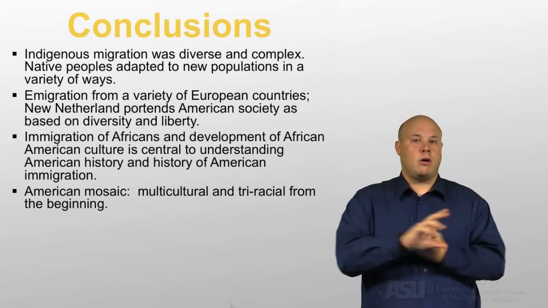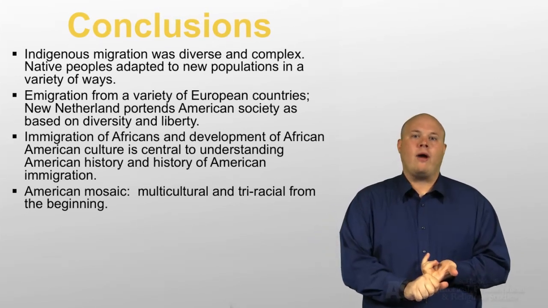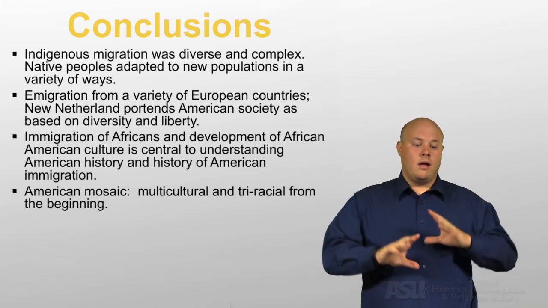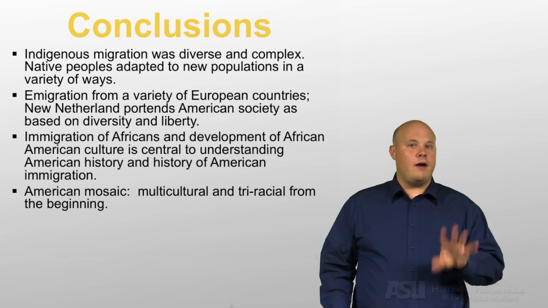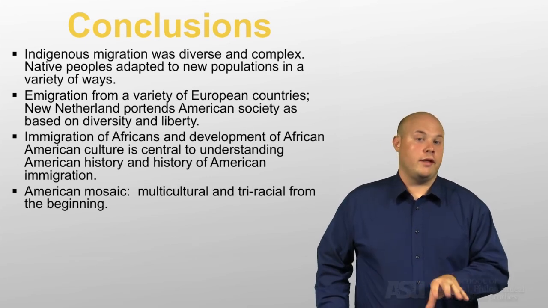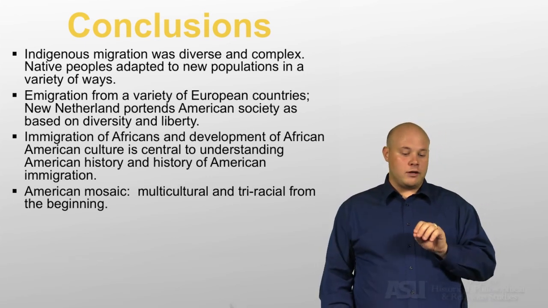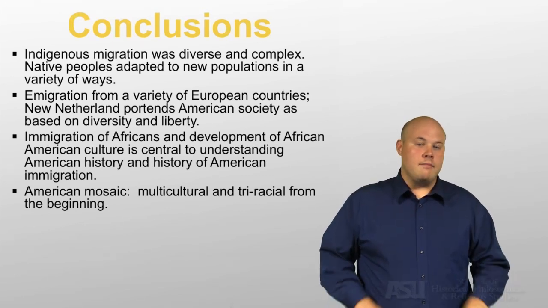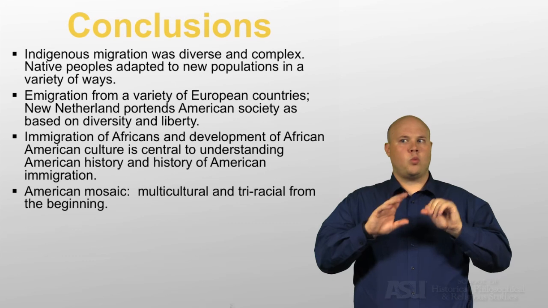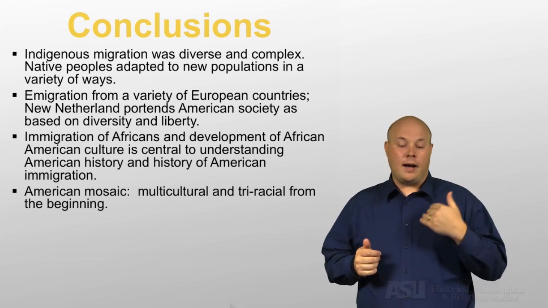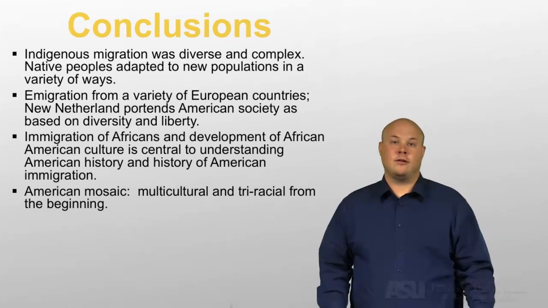American society was multicultural and what we call triracial, right? Red, white, and black from the very beginning, right? We're going to see efforts to ignore this, right? We're actually going to see efforts that try to downplay the immense variety of peoples that are in the United States and argue that the United States is one particular thing. But that, we're going to have to wait till the next lecture.